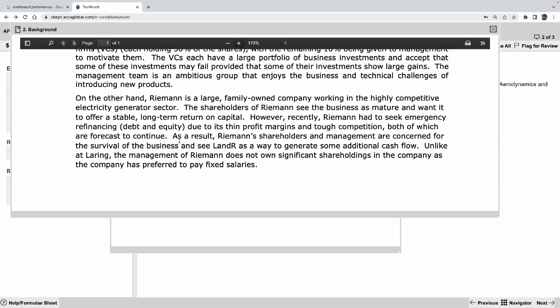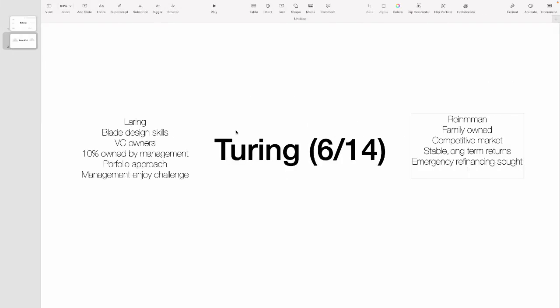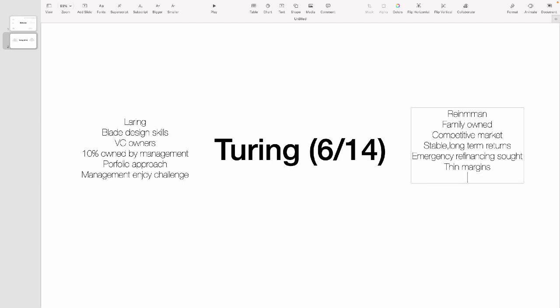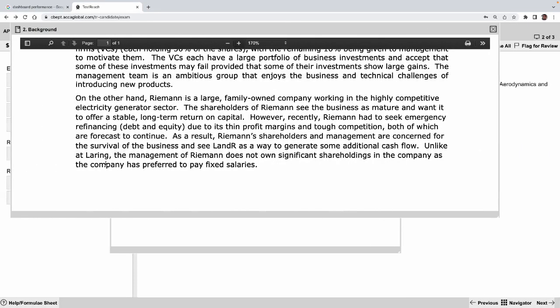Okay, they are looking at survival. So here they have thin margins and tough competition. So the JV is for survival, remember, as a way to generate income.